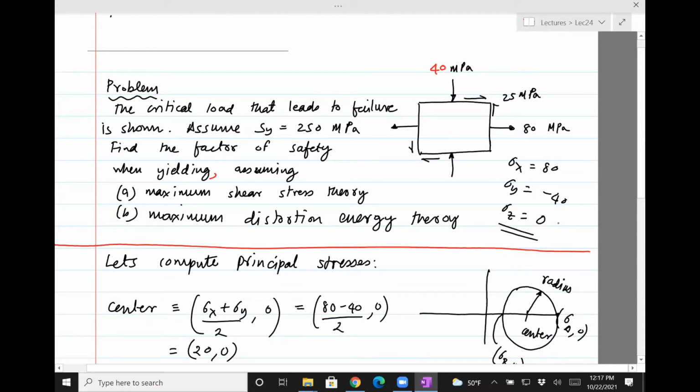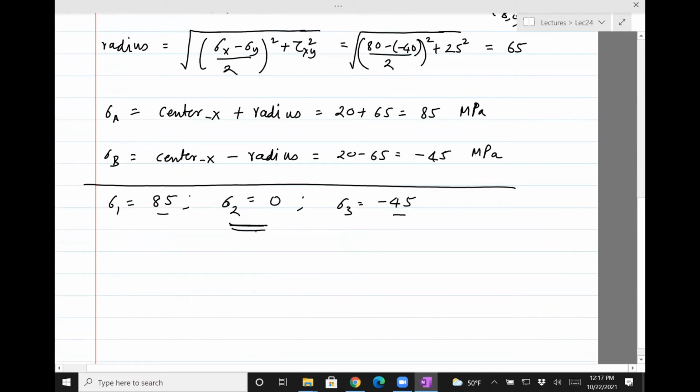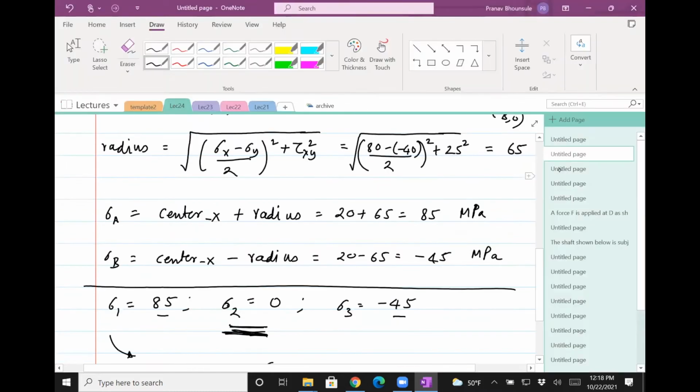So that stress manifests as sigma 2, which is basically 0. You'll always get one stress equal to 0 in plane stress. You could have more stresses 0, right? You could also have sigma 2 be 0, in which case you might see another stress being 0, but one is always 0. And I just arranged them in such a way that sigma 1 is greater than sigma 2, which is greater than sigma 3. That's the rule in which you arrange it, so that you can then use the failure theory.